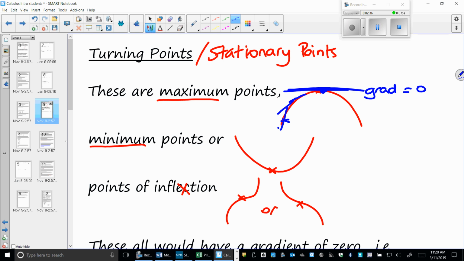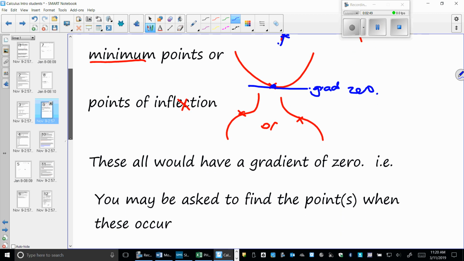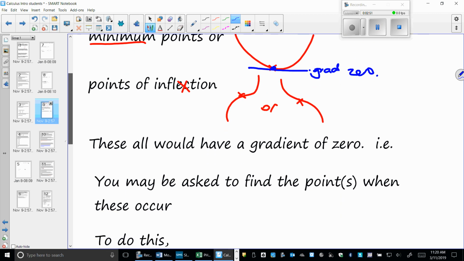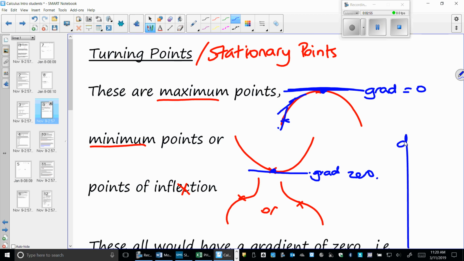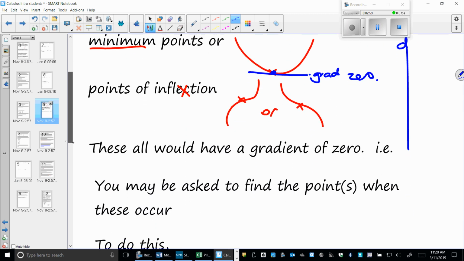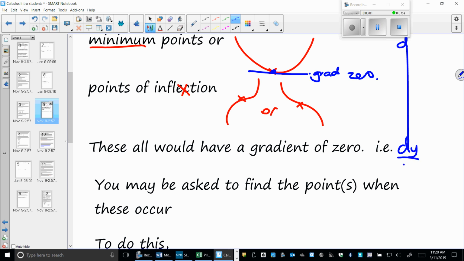And similar thing here, the gradient is 0. And funnily enough, these would all have a gradient of 0, i.e., dy/dx would be equal to 0.